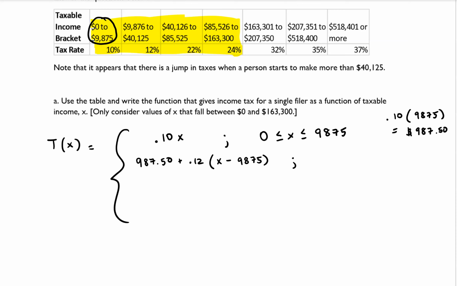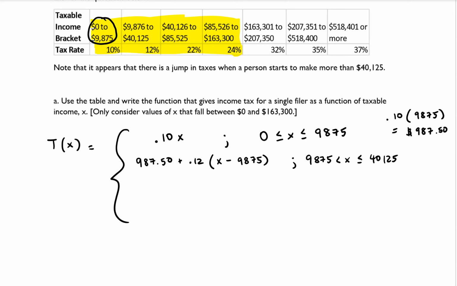And so that is happening when x is greater than 9,875 and less than or equal to 40,125.